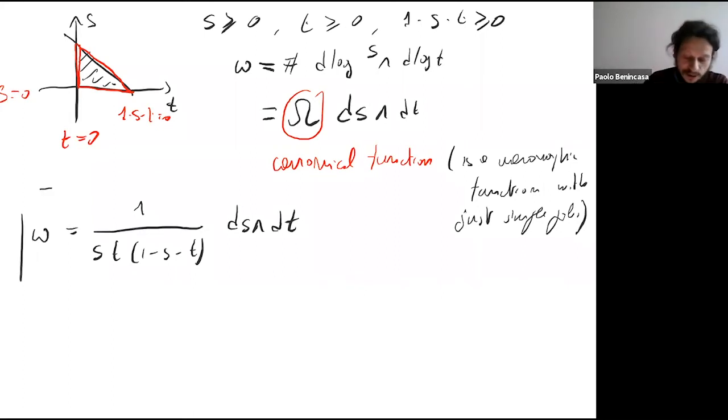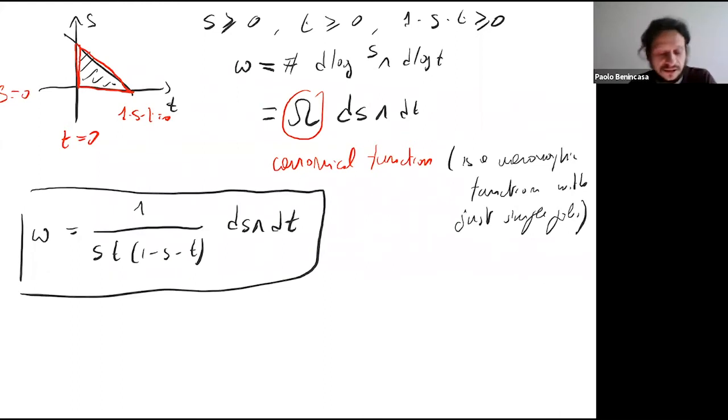So this uniquely characterizes the polytope, which means that if I don't tell you anything, I just tell you that there is a space in which you live, in this case P2, and I give you this information, which is the canonical form, you can immediately associate uniquely a polytope.